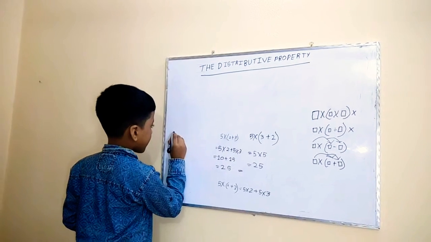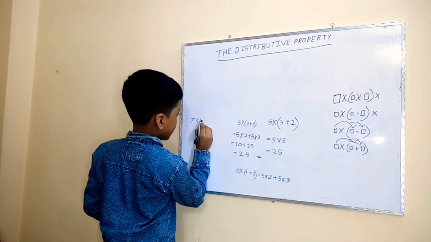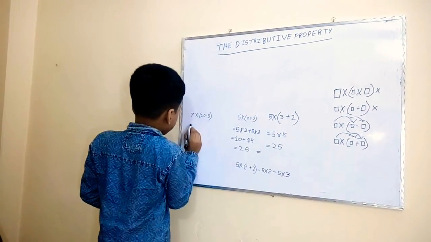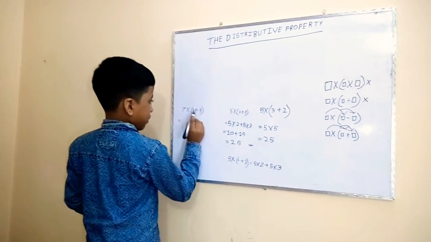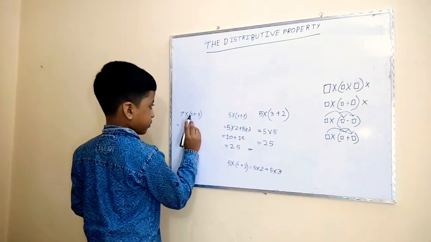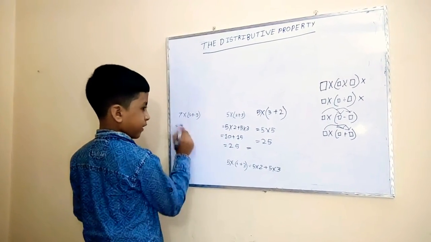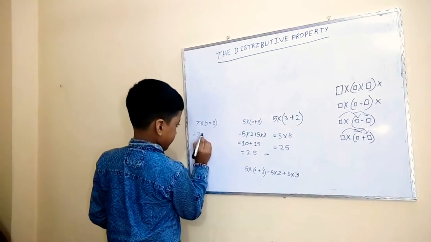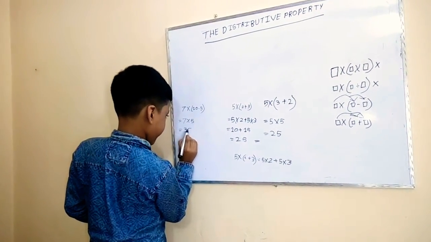So let's have example 2: 7 times the group, 10 minus 5. Oh, sorry. I'm gonna do 10 minus 5 first because it is between the parentheses. So 10 minus 5 gives me 5. So I have 7 times 5 here, which gives me 35.